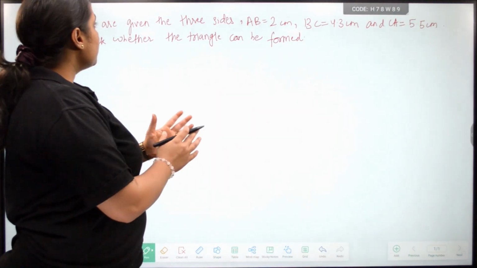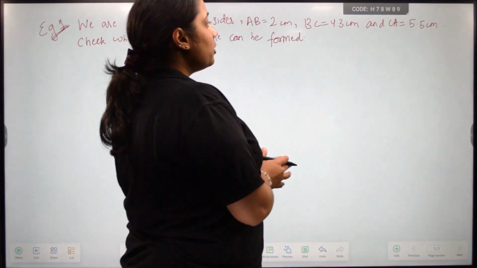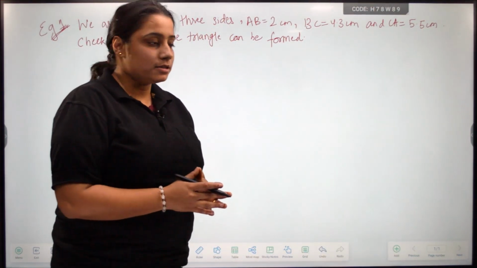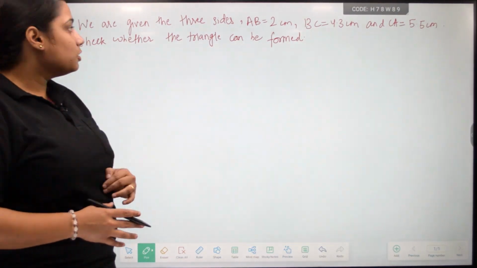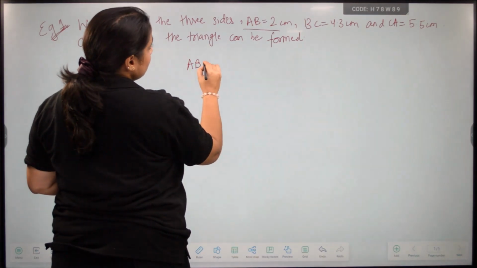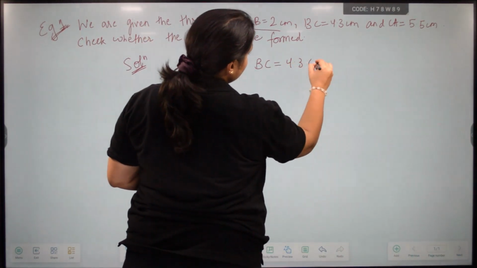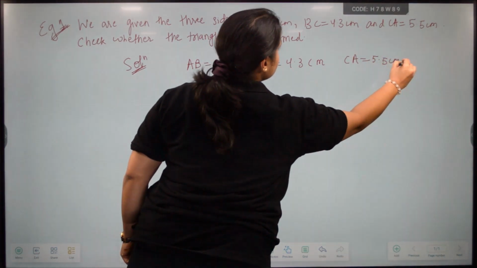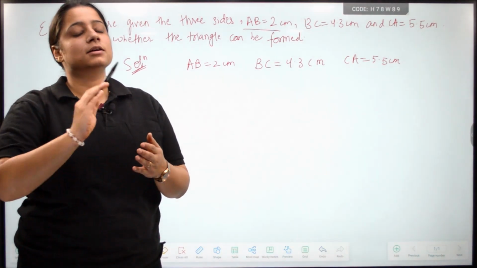Example 1. We are given the 3 sides: AB equals 2 cm, BC equals 4.3 cm and CA equals 5.5 cm. We need to check whether the triangle can be formed or not. For a triangle to be formed, the sum of any 2 sides should be greater than the third side.